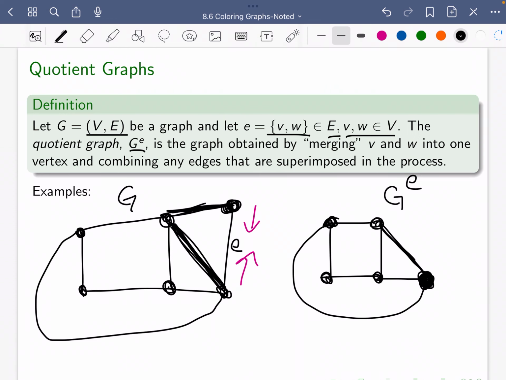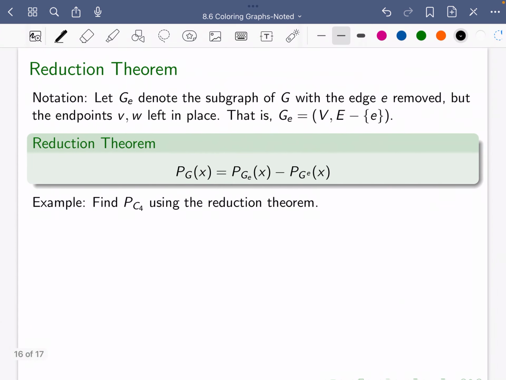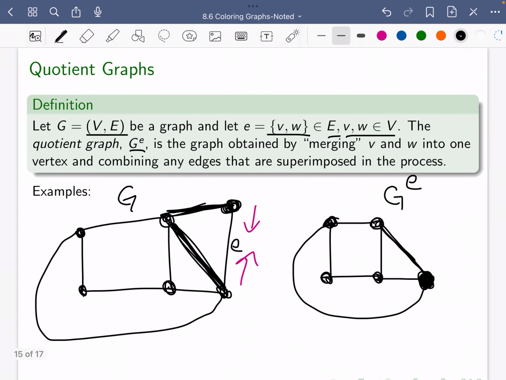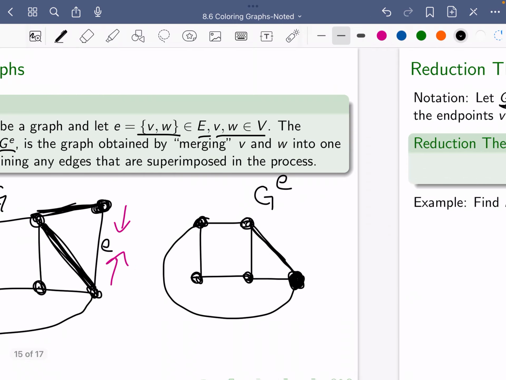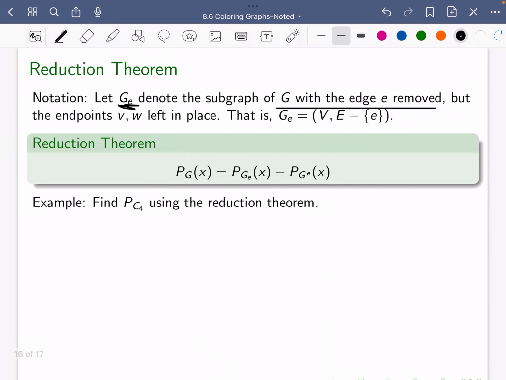Those show up from time to time in graph theory. Another thing that we have is G with a subscript of E, which denotes a subgraph of G with the edge E removed, but the endpoints left in place. So this notation is not the same, it's not a quotient graph. It is a subgraph where we've just deleted the edge. So we haven't merged the endpoints, we've just removed the edge. We've left those endpoints in place.